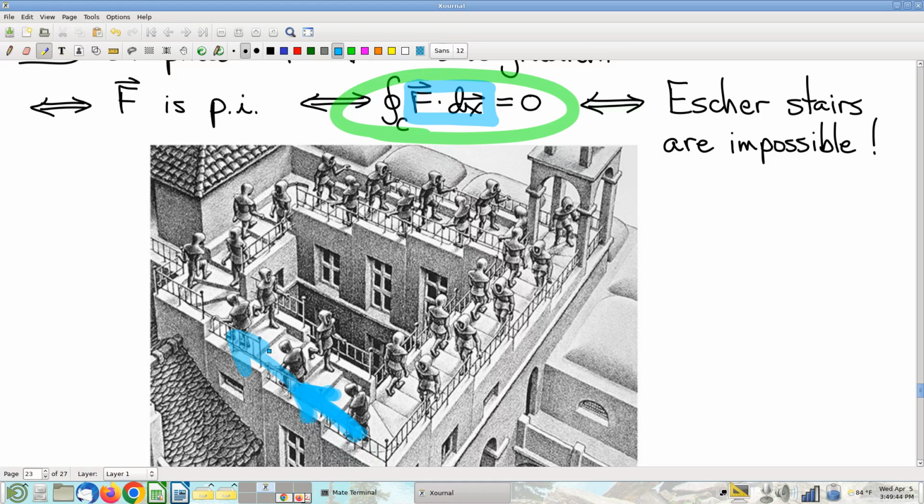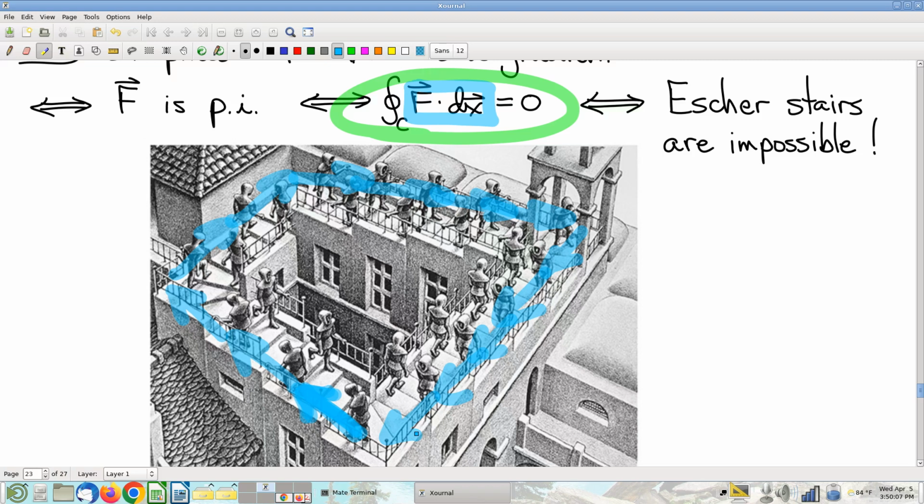Likewise there, positive. Likewise there, positive, etc. Positive, positive. Notice that everybody's walking up the stairs as I move along the outside of the stairway here. All these little blue arrows all represent positive changes in altitude.